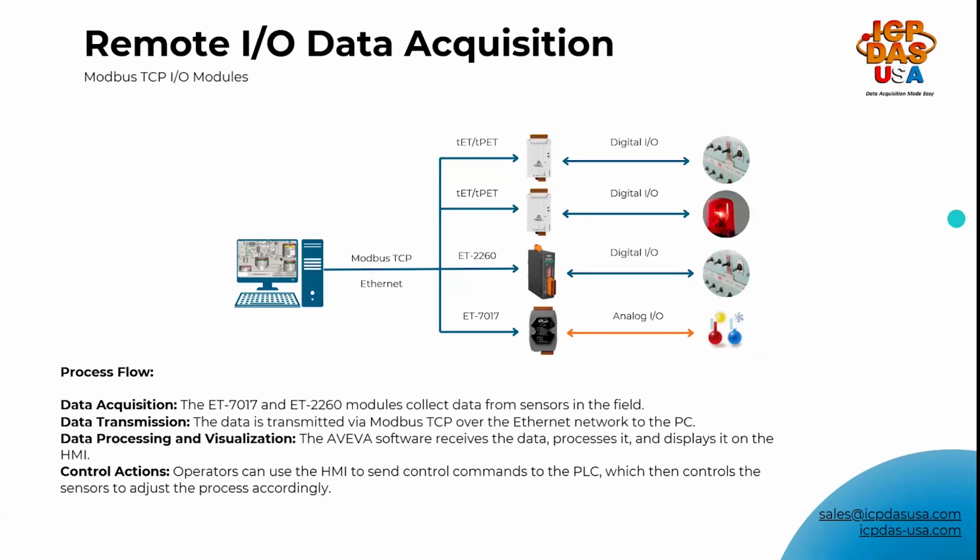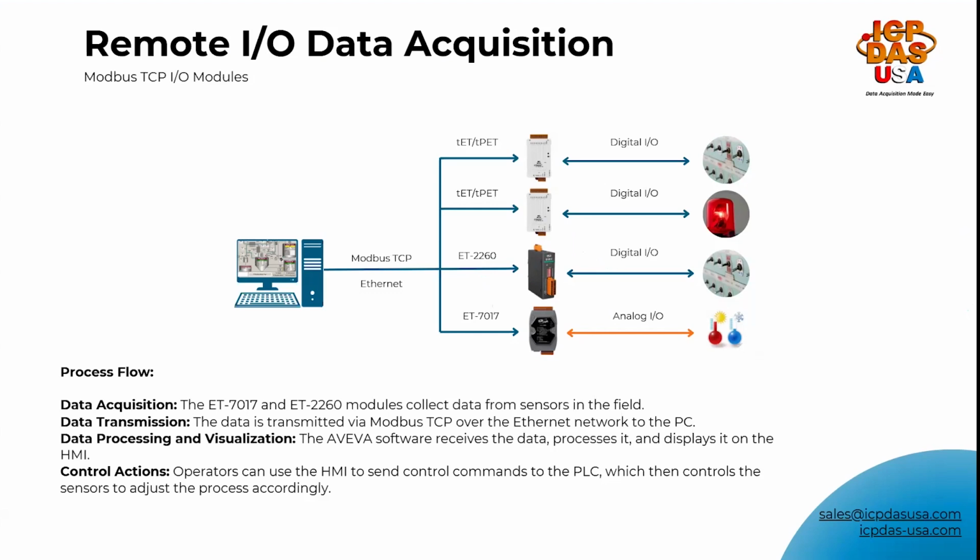The sensors here are the primary data sources, measuring physical parameters like temperature, pressure, flow rate, etc. The I/O modules: the ET7017 handles analog I/O, processing signals from sensors that measure continuous values like temperature. The ET2260 handles digital I/O, processing signals from sensors that measure on-off states or discrete values.